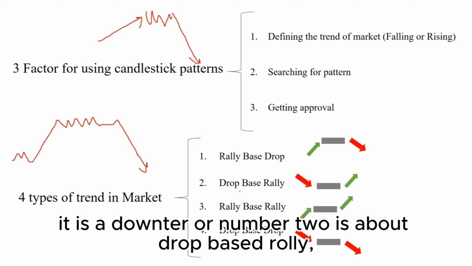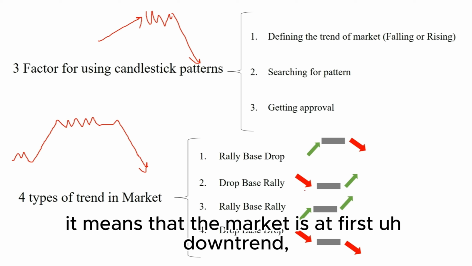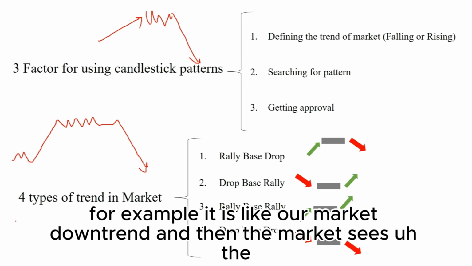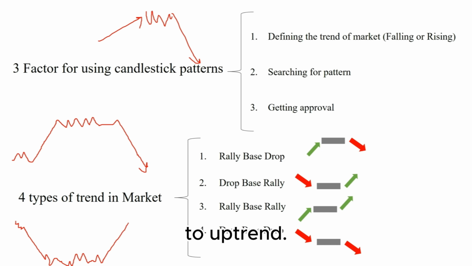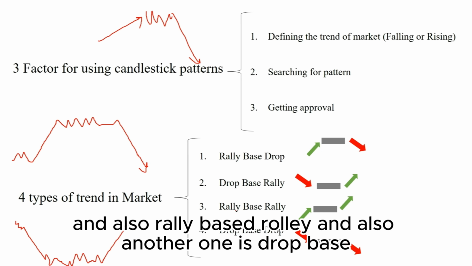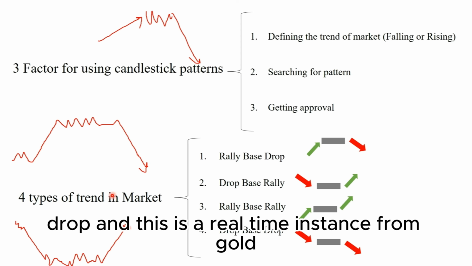Number two is drop-based rally. It means that the market is at first in a downtrend, and then the market sees a consolidated or range area, and then the market is going to change its trend to an uptrend. And also rally-based rally, and another one is drop-based drop.